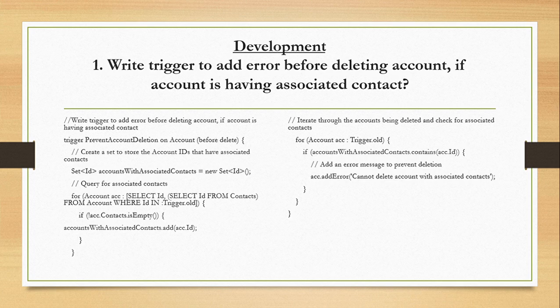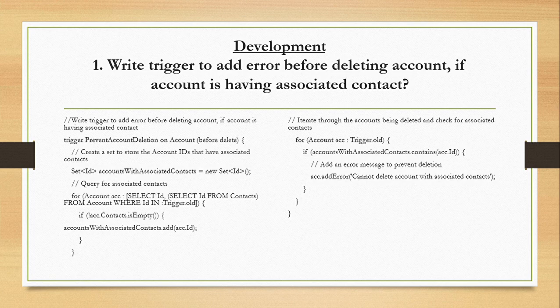So the trigger prevents account deletion on Account, that is on the before delete operation, where I create a set to store the account IDs that have associated contacts. Then after that you query for associated contacts, that is, whether contacts are related to that particular account or not. Get all the contacts from that particular account ID.